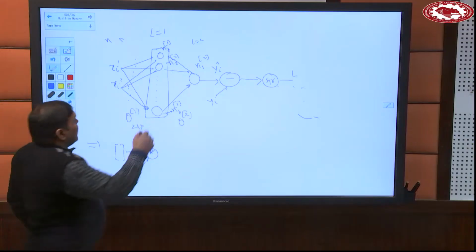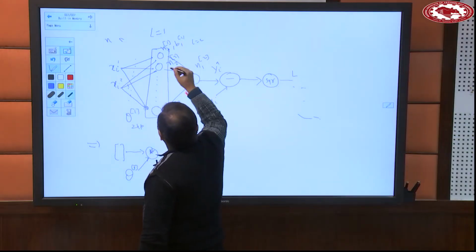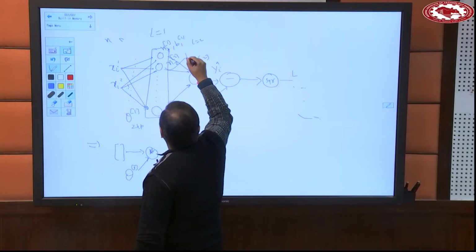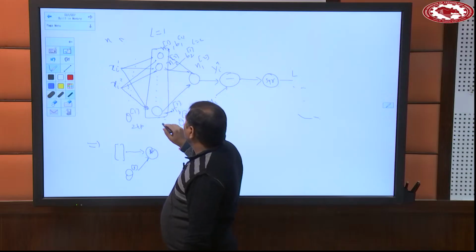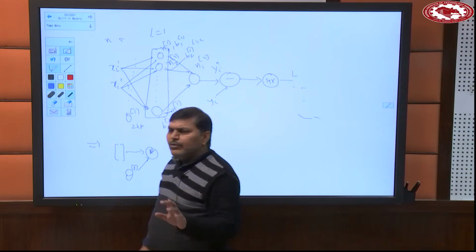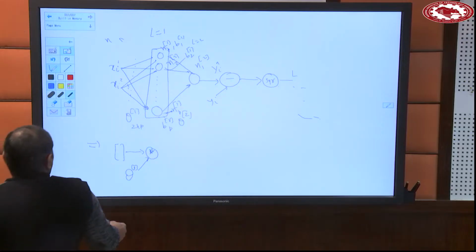Every neuron has a bias, by the way. This is b11, the bias for the first neuron, b21 the second neuron's bias, and likewise for the last one you have a bias bP. Is it clear? So, just see here.